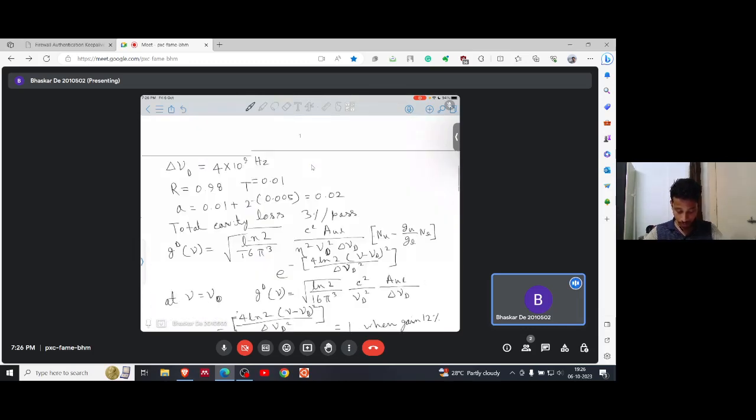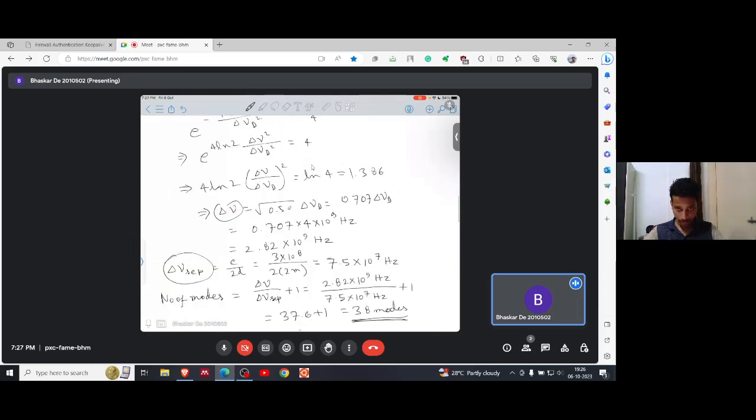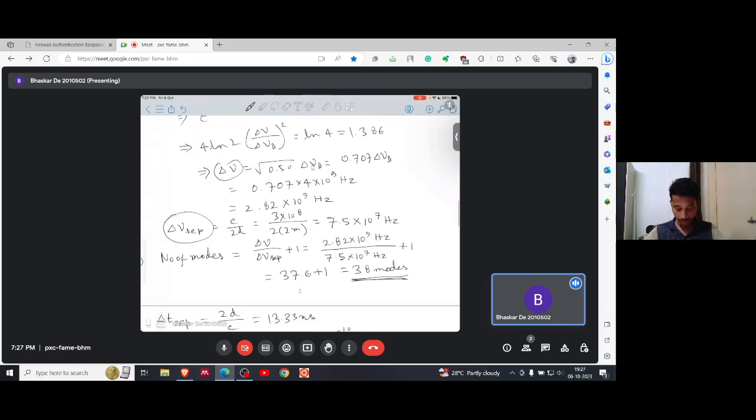So now from there we calculated the delta nu, the maximum range of frequency that is in the cavity, that is 2.82 into 10 to the 9 Hz, and then the separation between these frequencies is 7.5 into 10 to the 7 Hz.